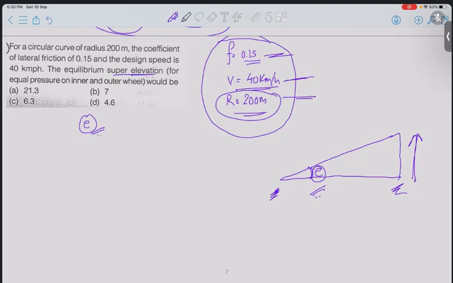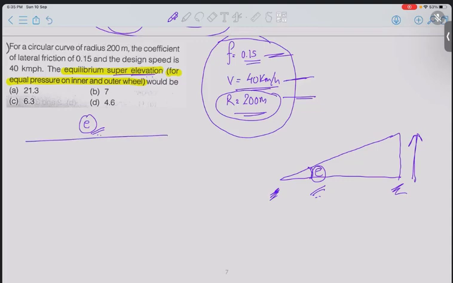Here we are asked the equilibrium super elevation, and we have been given a condition that in both cases the answer is going to completely vary, and we'll see what happens and why it varies.